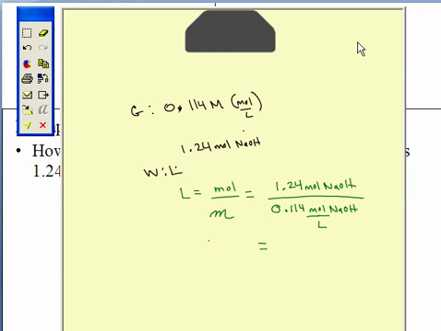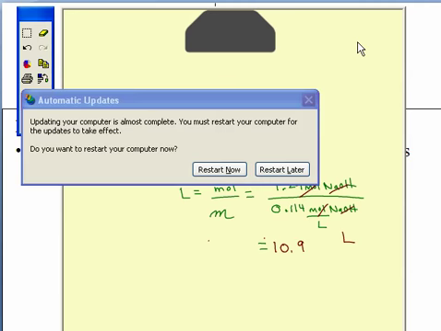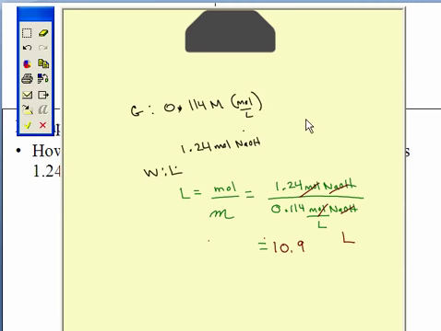So if I look at my units, my moles of sodium hydroxide cancel out, and my liters come to the top, and when I divide 1.24 by 0.114, I get 10.9 liters. So if you got that, give yourself a pat on the back.